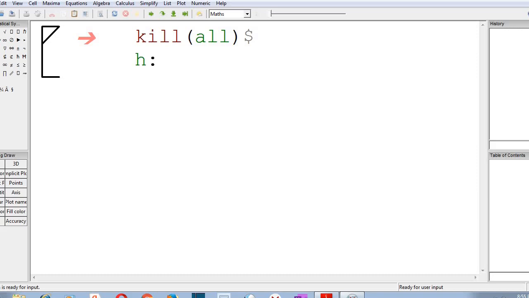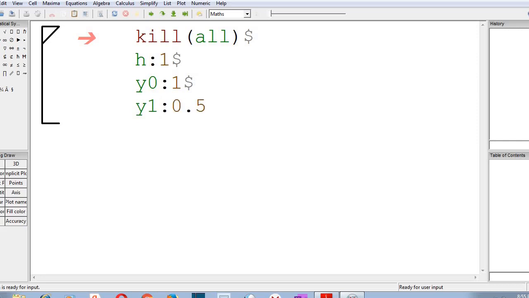H value is 1. Simply write it and put the dollar symbol. And let me write y0. Y0 is equals to 1, make this symbol. And y1 is equals to 0.5.